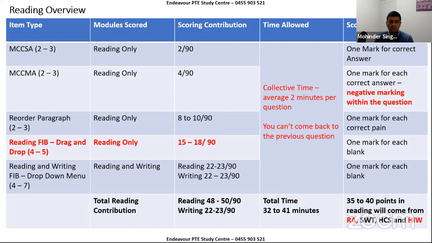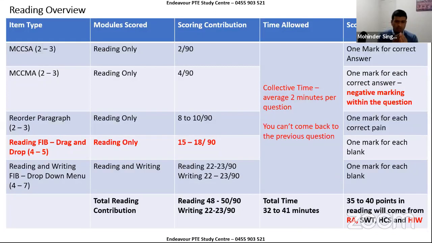But for the people who are going for a 79 plus score, your margin for error is very small. That means you have to get the maximum out of your reading module to pass your PTE with the desired result.